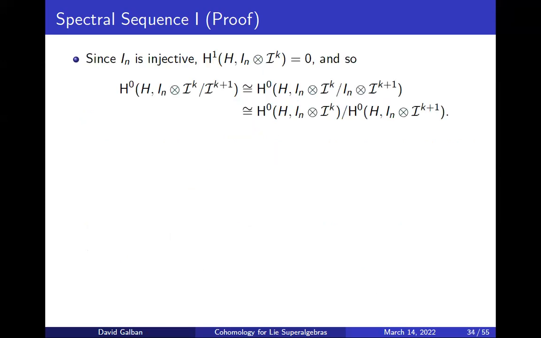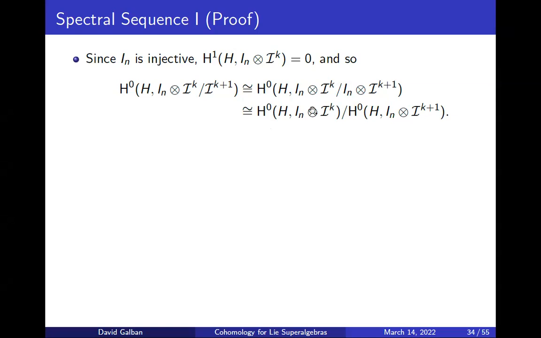All right. Now, since these I^n are going to be injective, if I look at the H^1 of H comma I^n tensor I^k, with I being injective, those are going to end up being 0. And so if I just look at the corresponding short exact sequence for H^0 of H comma I^n tensor I^k mod I^{k+1}, it's going to turn out that this is just going to be isomorphic to H^0 of H comma I^n tensor I^k mod H^0 of H comma I^n tensor I^{k+1}.